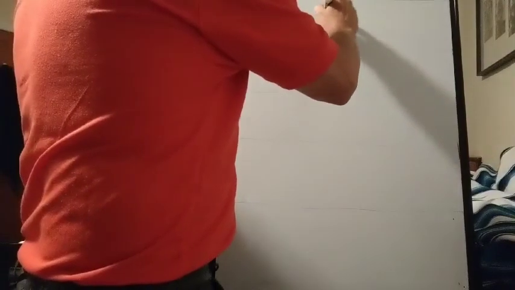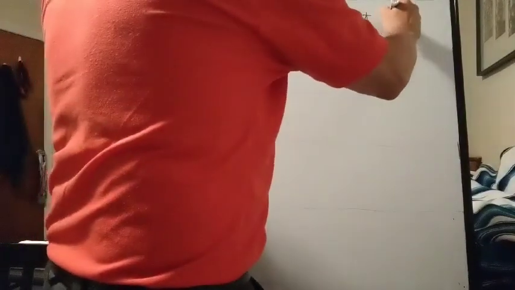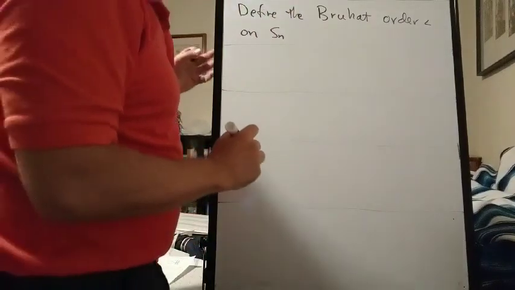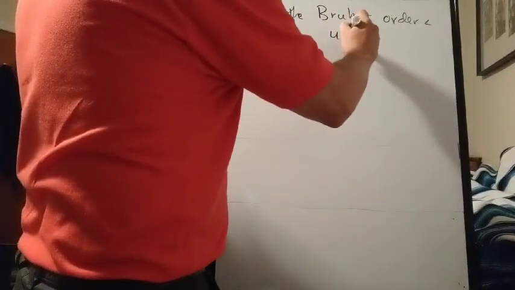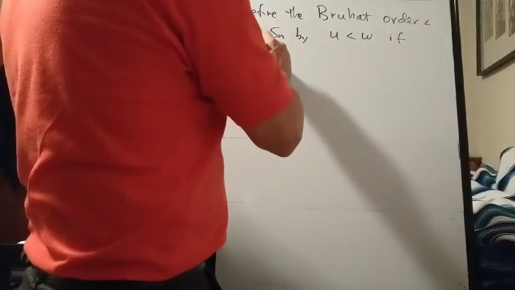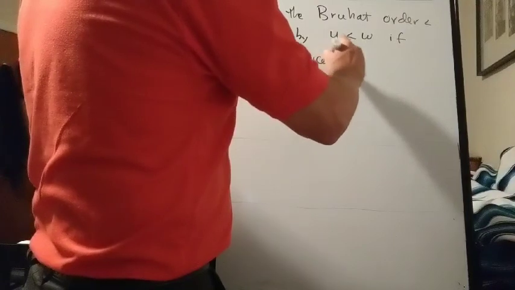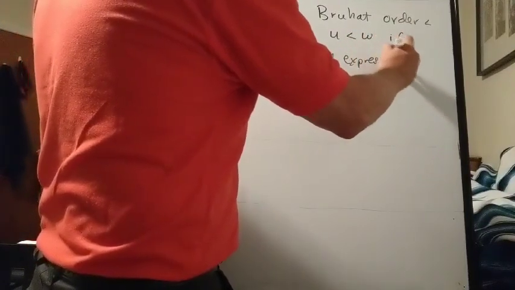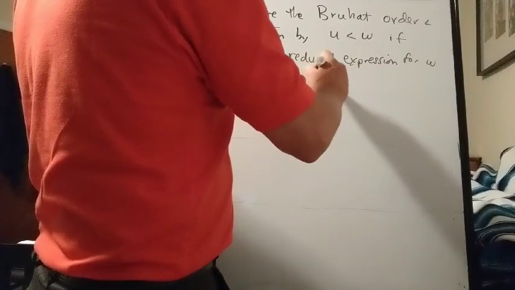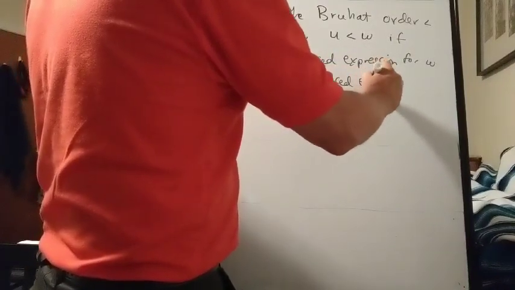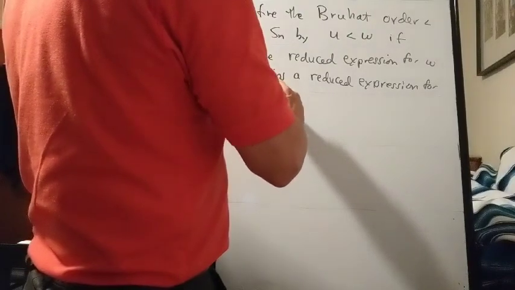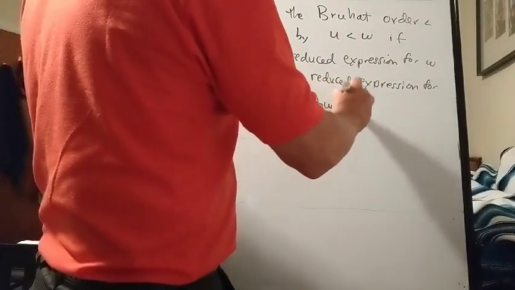So we define the Bruhat order on the symmetric group by saying U is less than W if some reduced expression for W contains a reduced expression for U as a subword.